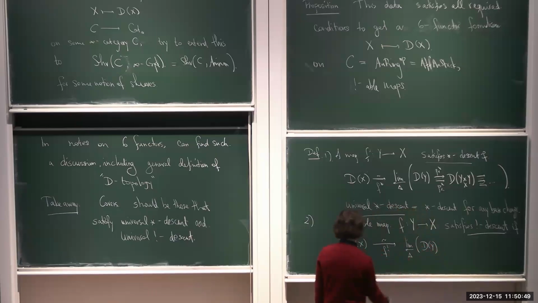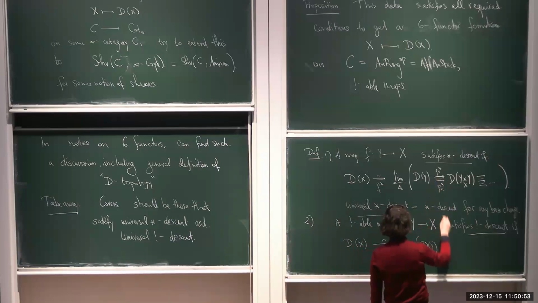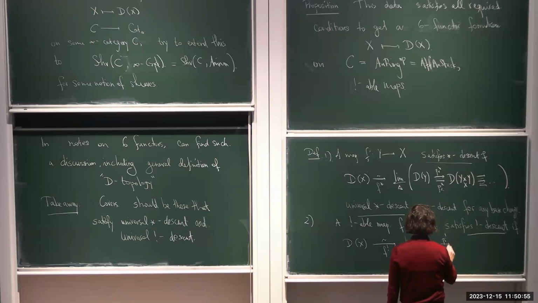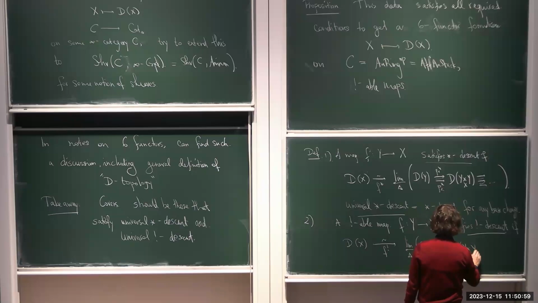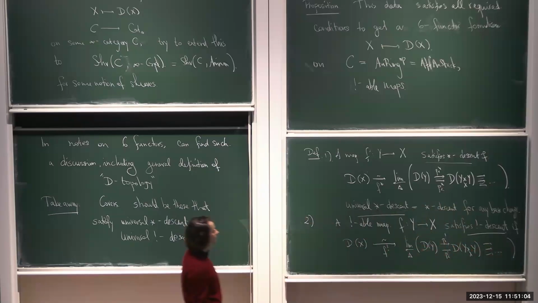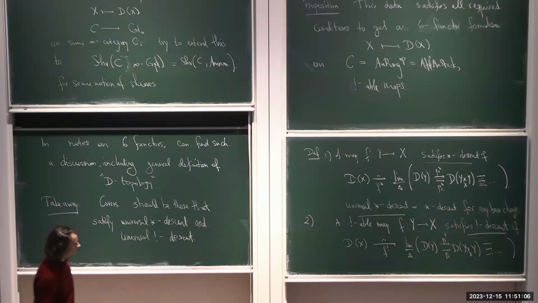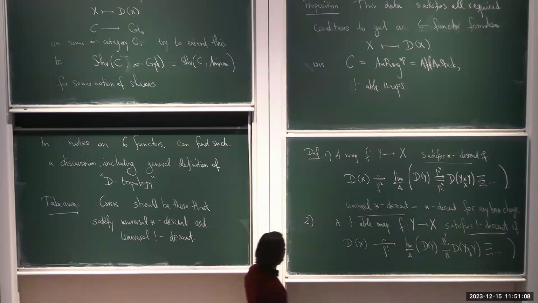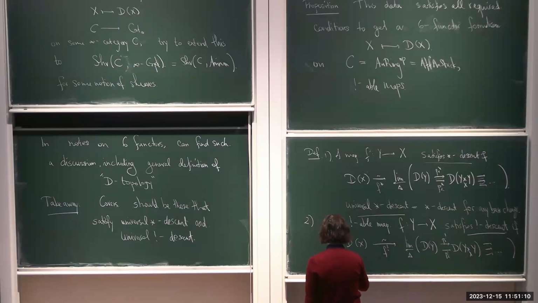If f admits a shriek functor, then any base change of it should also have shriek functors, so all these maps also. And again, universal shriek descent means the same after any base change.